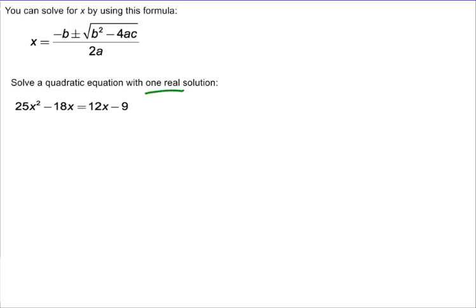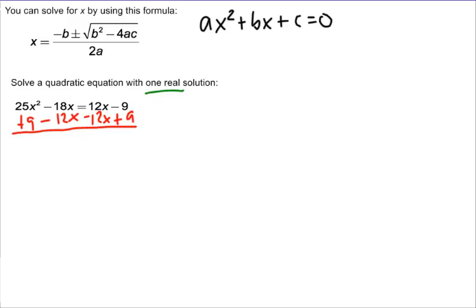So again, what we want to do is get everything over so that we have standard form. Remember, standard form, ax squared plus bx plus c equals 0. Standard form. So subtract 12x from both sides and add 9 to both sides. So I'm going to end up with 25x squared minus 30x plus 9 equals 0.